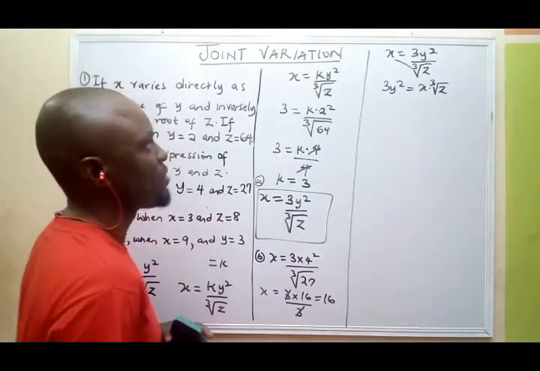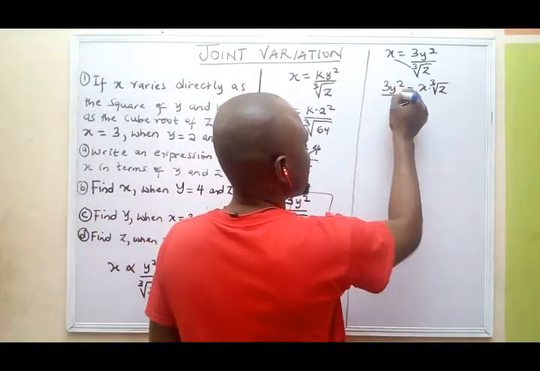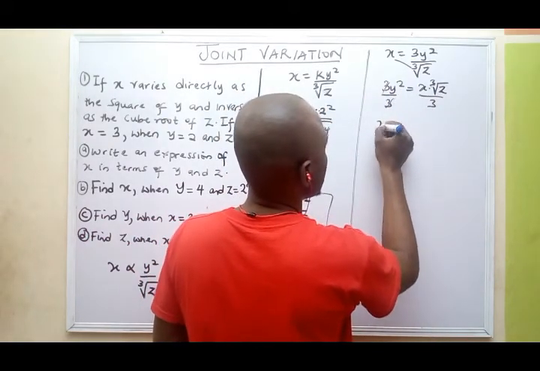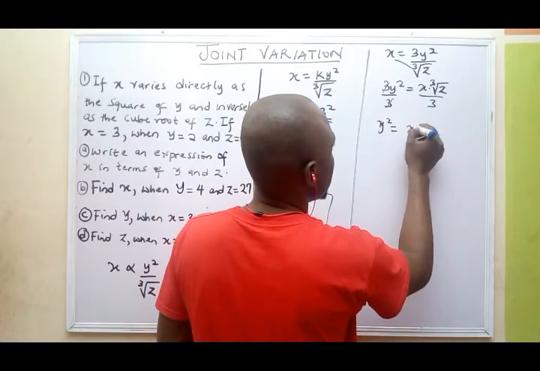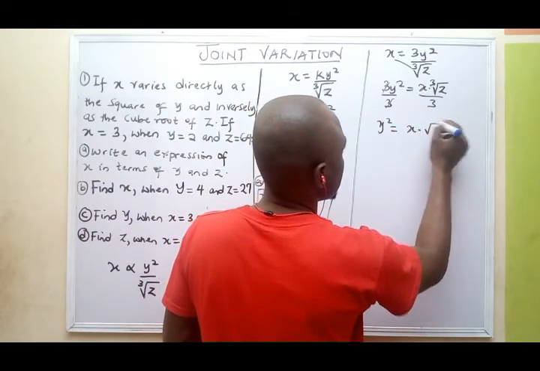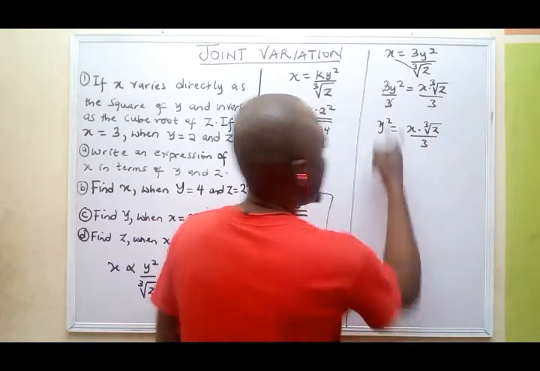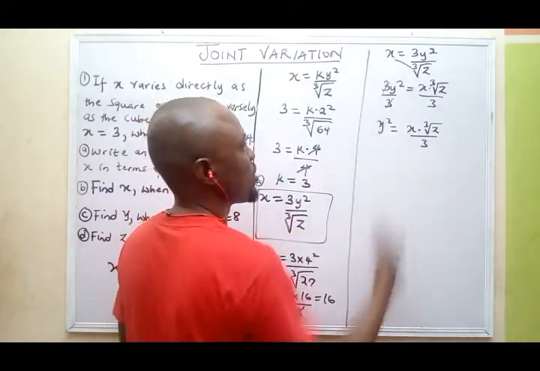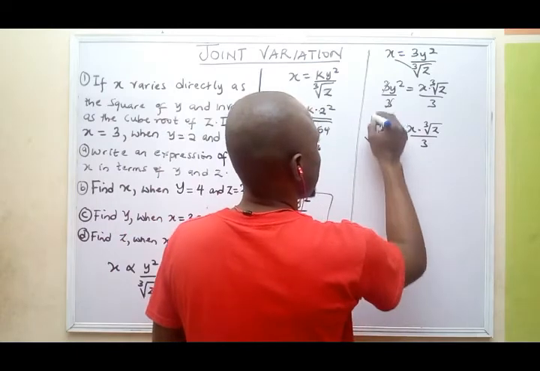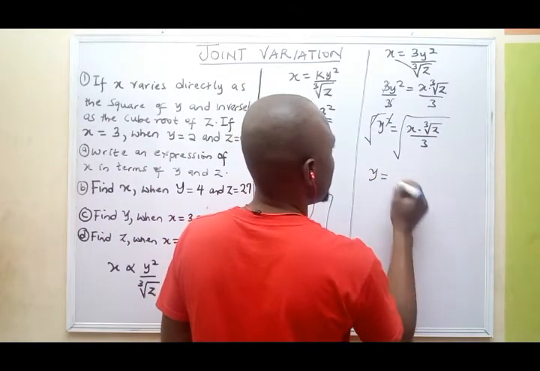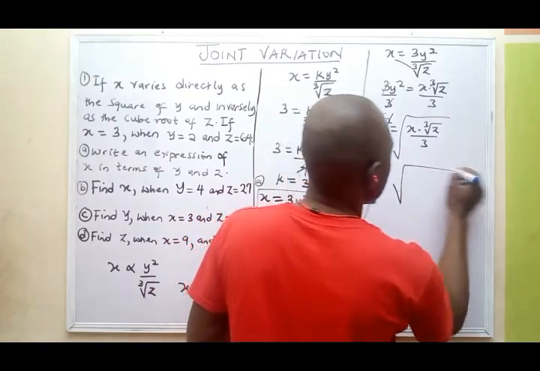Because I want to find y, it's advisable to divide both sides by 3, and then I have y squared equals x times the cube root of z over 3. Then I can find the square root of both sides, so this cancels this.